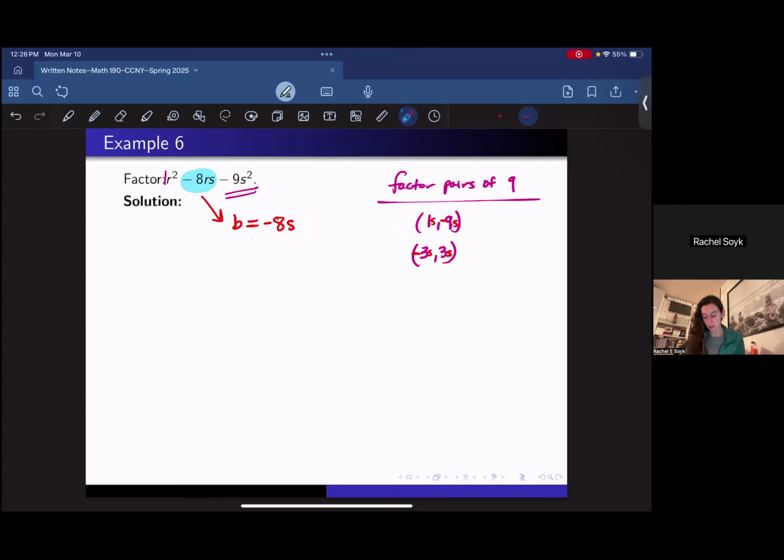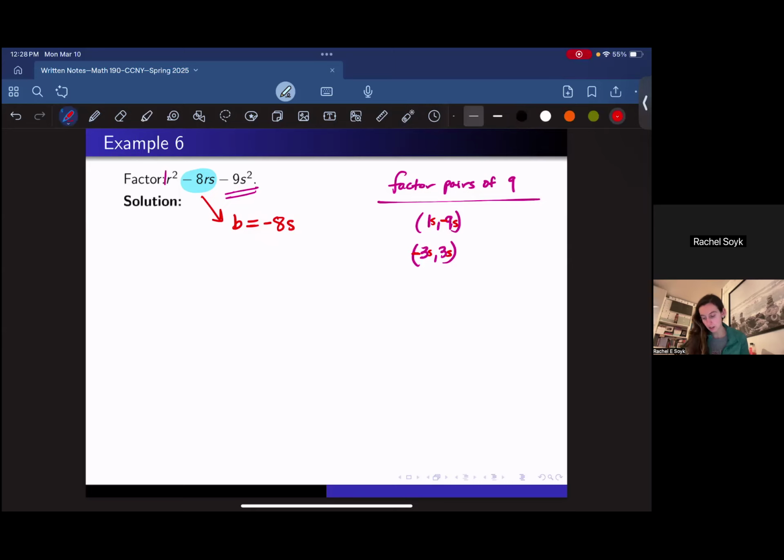So we have to break it up for it to be s and s so that we can get the sum to be some form of s. All right, so now that we have covered that, obviously we can still move those negatives around, but let's see if either of these cases work first. Do any of these, if you add them up, you'll get negative 8s.